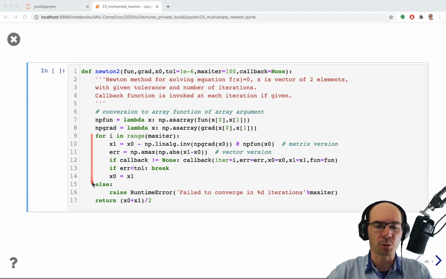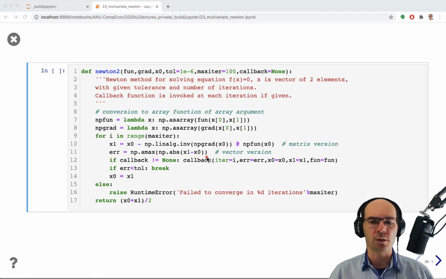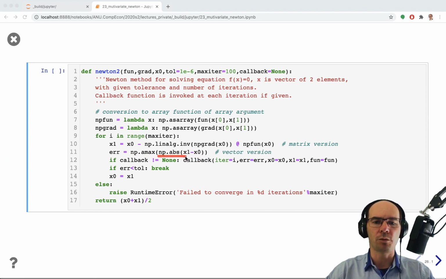Then the main loop is pretty much the same, except now the error that is calculated needs to account for the fact that x might be a vector, and so we need the NumPy version of the absolute value and the amax to take the maximum over the deviations of each of the components.